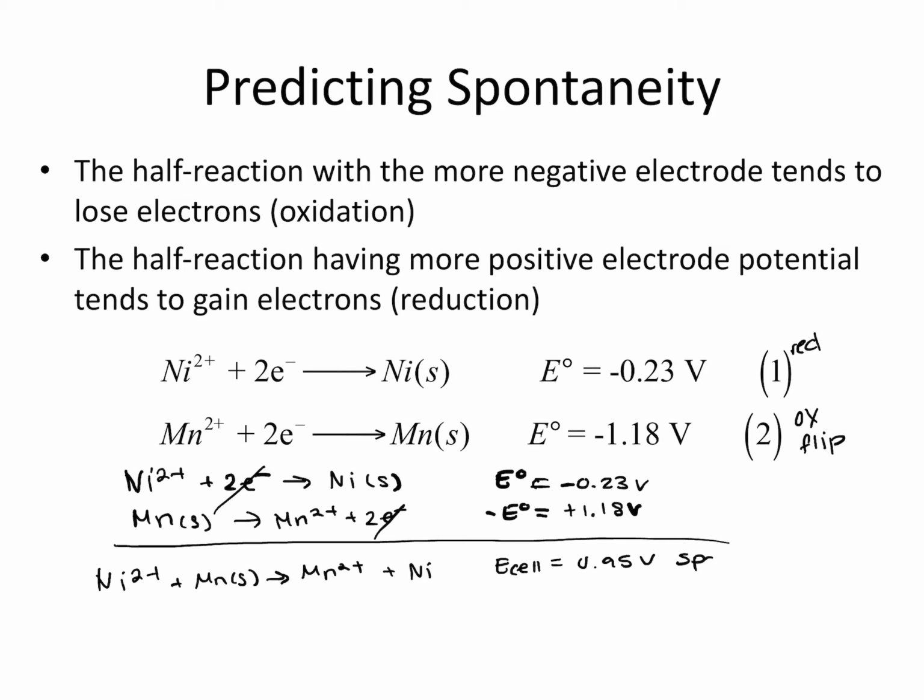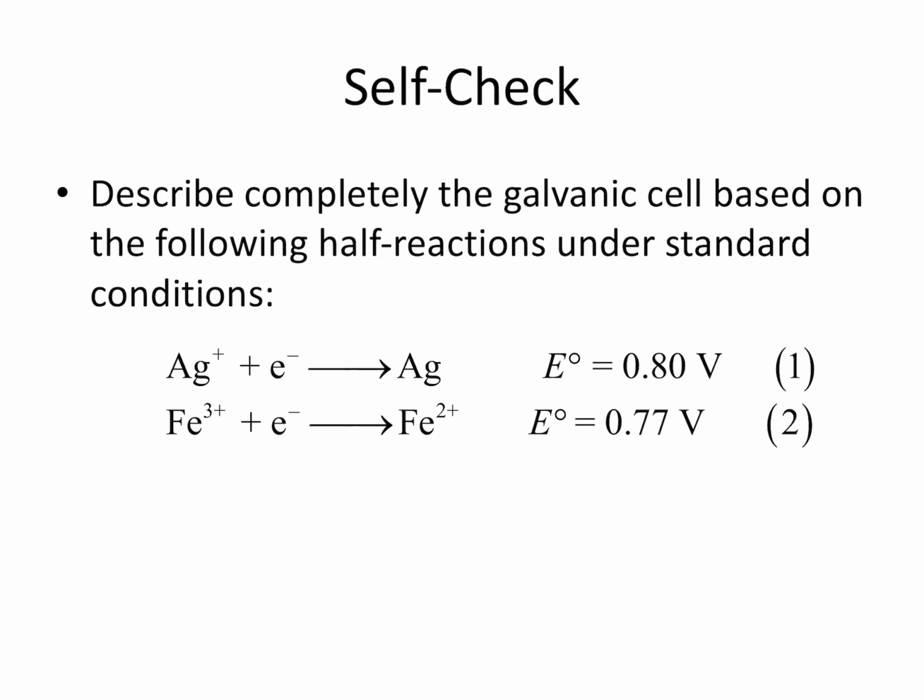And that's a positive number, so I'm spontaneous. Awesome. So even when you're not given the reaction, you can find it and then always double check. 2 plus to 0 for nickel is reduction. 0 to 2 plus for manganese is oxidation. And you have your overall cell potential using the voltages of the half cells.